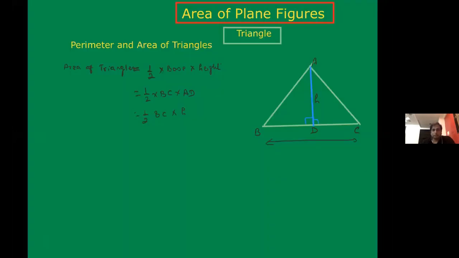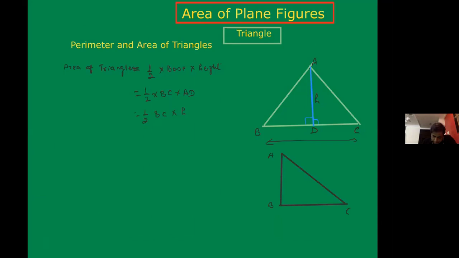So now I'll talk about the area of the right angle triangle. So I'm drawing the right angle. Okay, so just consider this is the right angle triangle, triangle ABC.